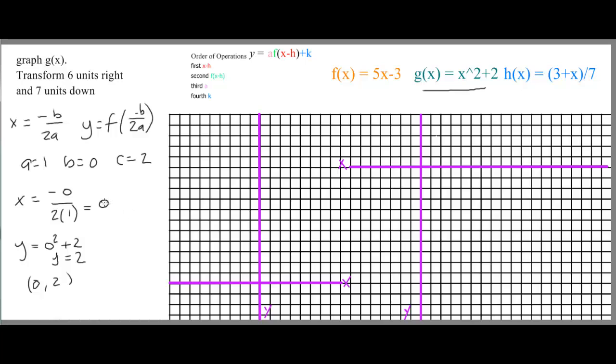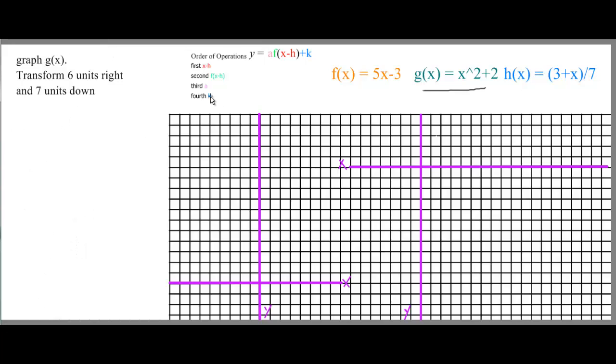So we know x is 0, y is 2, and this is also our y-intercept, so that is also our vertex. Let's get a few more points, since we really only have one, which is our vertex and our y-intercept, 0 and 2.